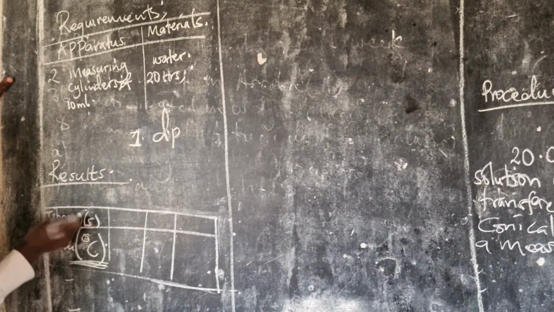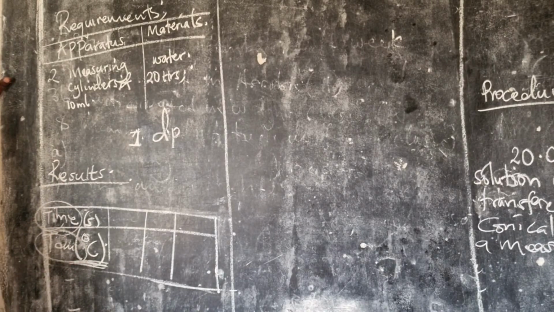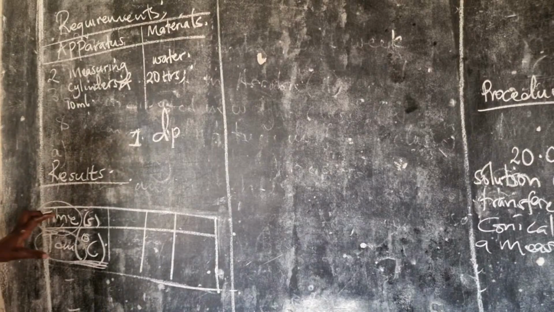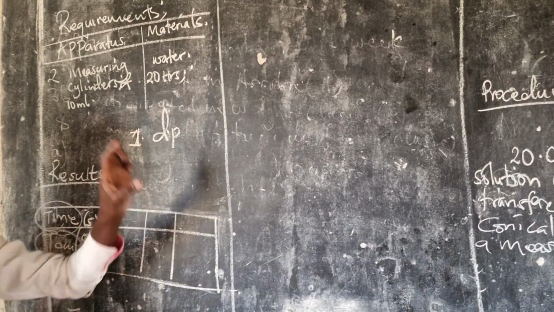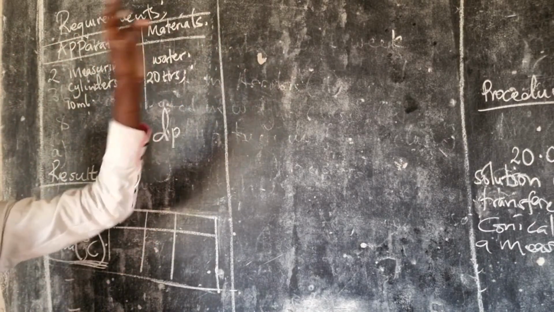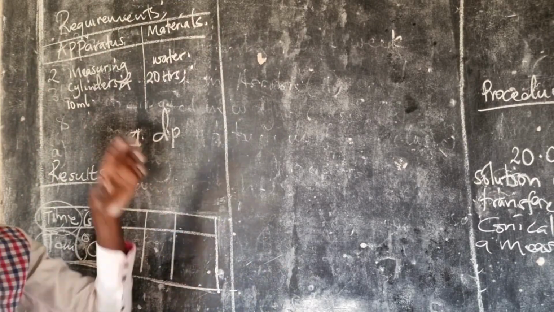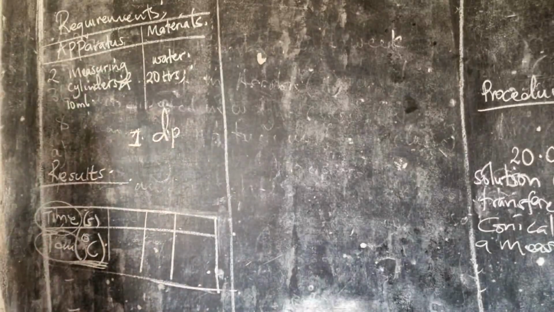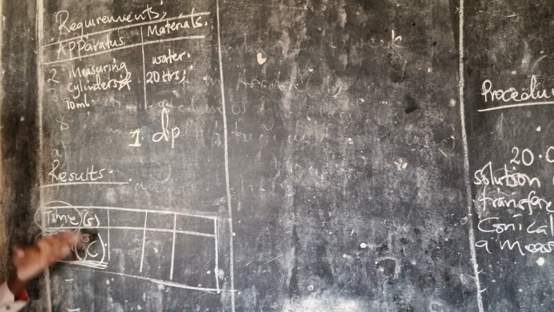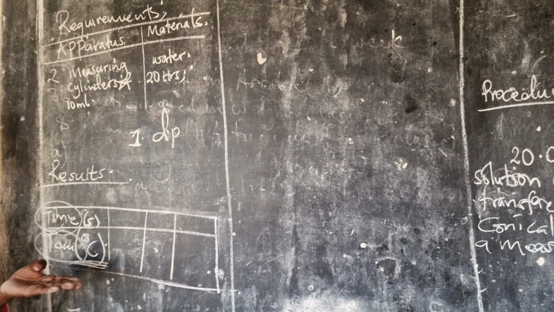If you are to use abbreviations in the table of results, these abbreviations must be well defined in the procedures. If not defined in the procedures, use the real words you used in the procedures.